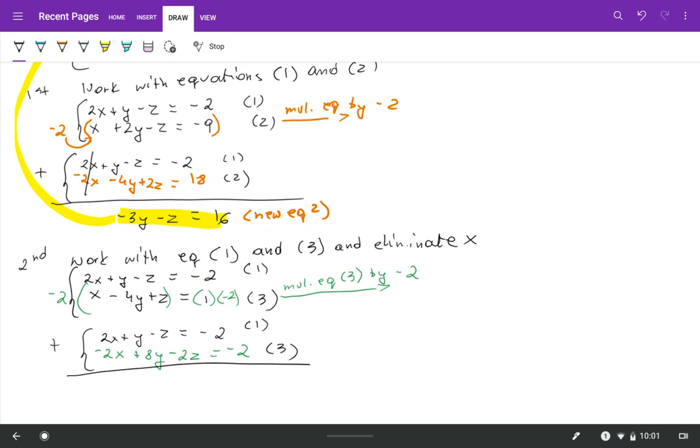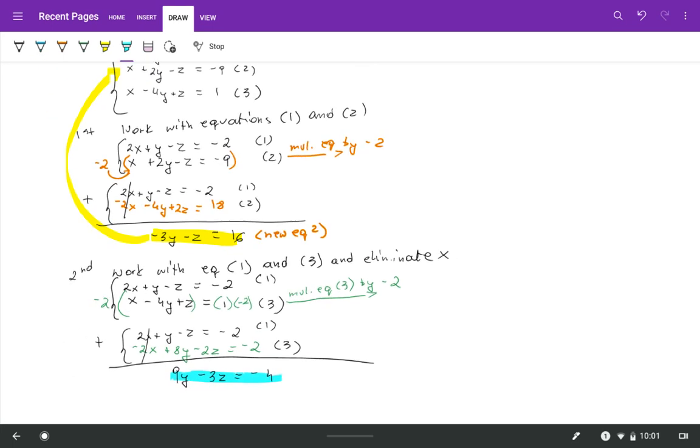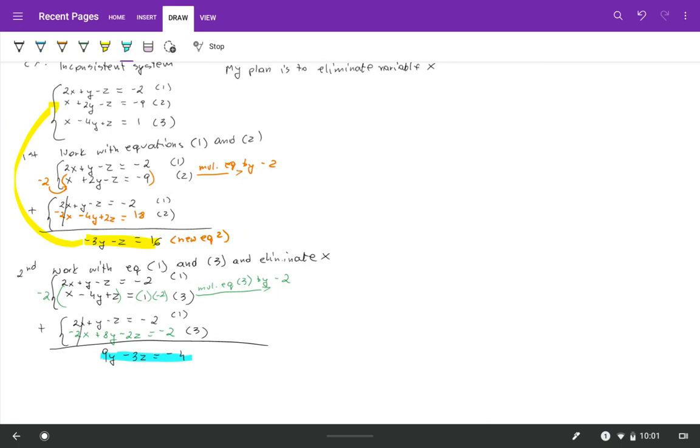We add them, x cancels, we end up with 9y minus 3z equal negative 4. And this equation will be our new equation 3. So going back to the original system, this equation will replace original equation 3.